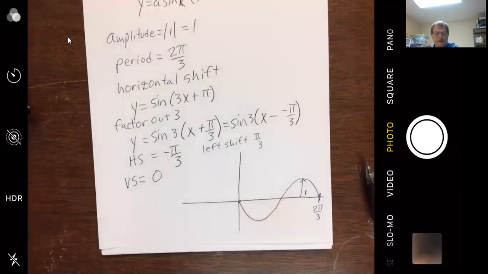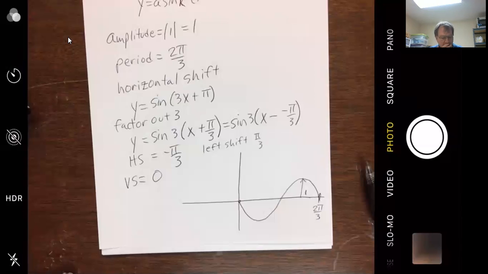All right, let's check this one in the back. I've got everything right, but the darn graph.